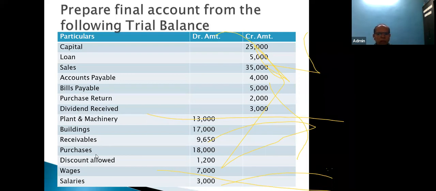So initially we purchased material from our suppliers of 18,000 rupees. But after having purchased, we found that some articles are not up to the mark. So we returned goods worth 2,000 rupees to our supplier.